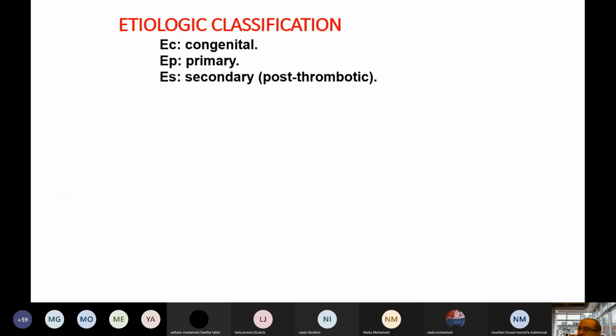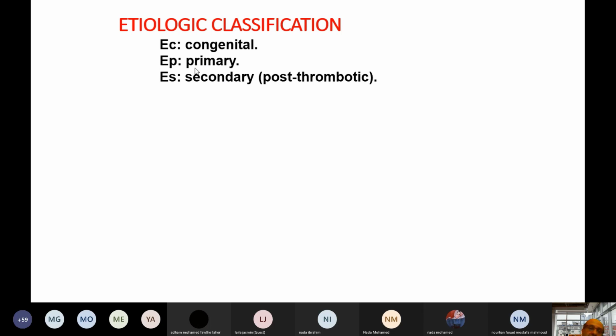But if you want to know what is the etiology, why the patient has varicose vein, this is the beauty of CEAP classification, because we have an etiological classification, or E stands for the etiology of the varicose vein. If the patient has a congenital varicose vein, according to his C classification, he has EC, which stands for congenital, or the patient may have primary varicose vein or secondary varicose vein.